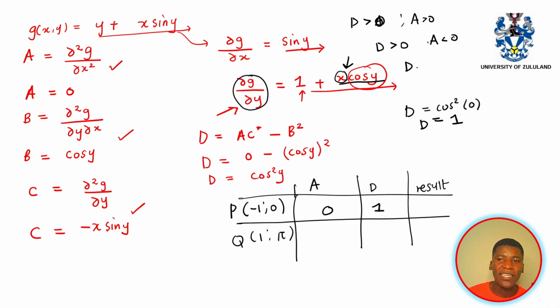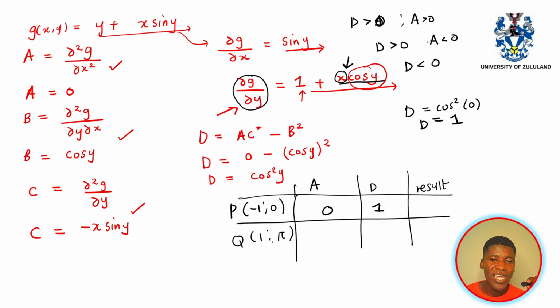And if the discriminant is less than 0, then it's a saddle point. But in this case, I'm not sure how to classify it. You can comment down below and tell me the result, because A is equal to 0, neither negative nor positive, but the discriminant is positive. Is this going to be a saddle point, a local minimum, or a local maximum?